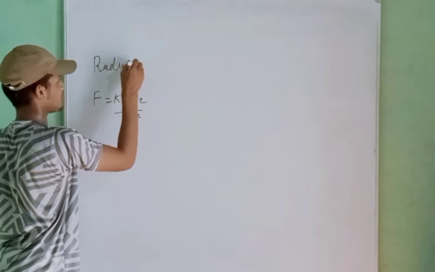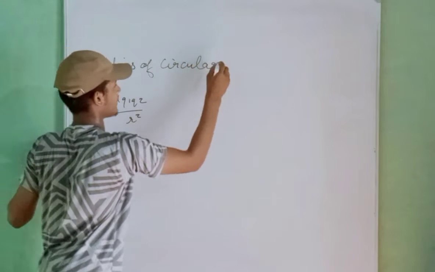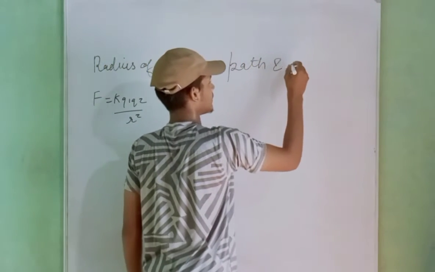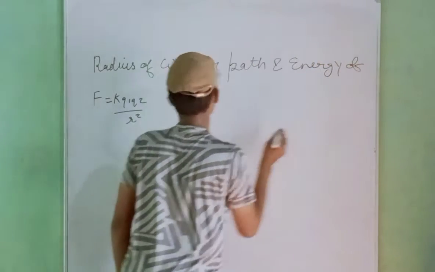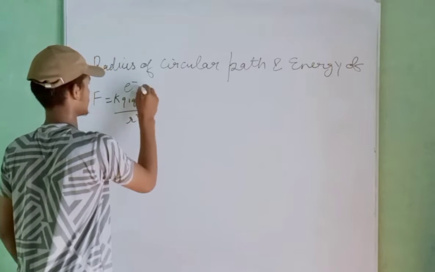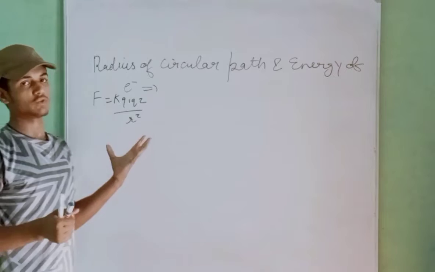That is the name of the topic: radius of circular path and energy of electron. We will derive that formula according to Rutherford's atomic model.